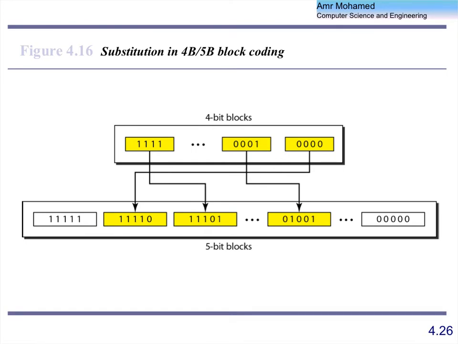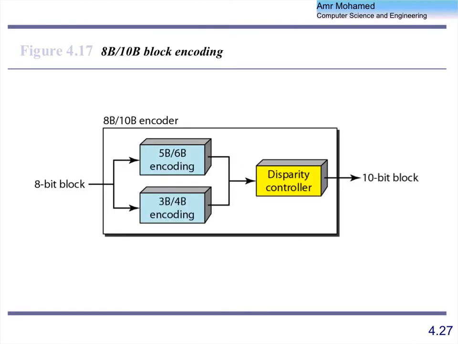Okay? And any signal that does not represent one of the input bits, we recognize it as a control signal. So we know that there are some cases, disparity control.